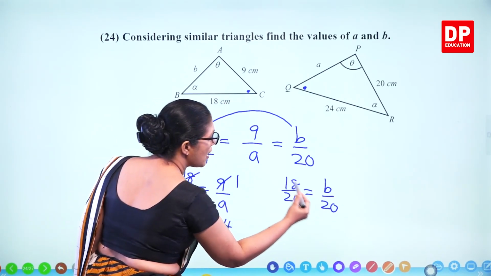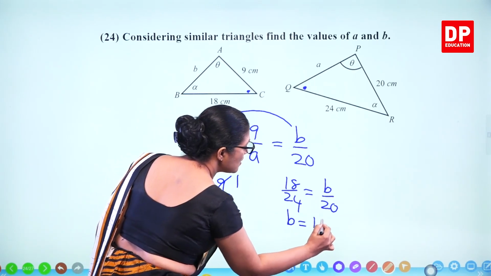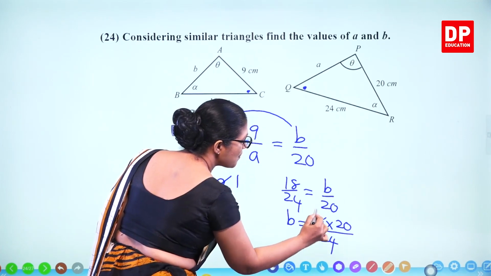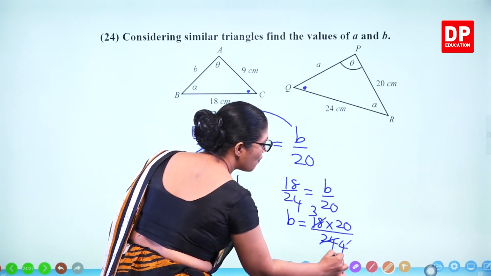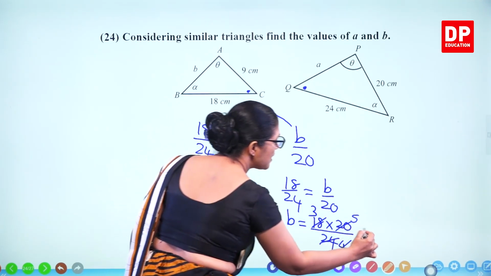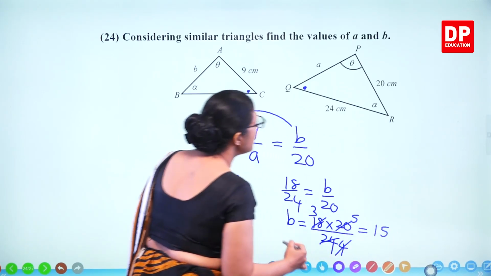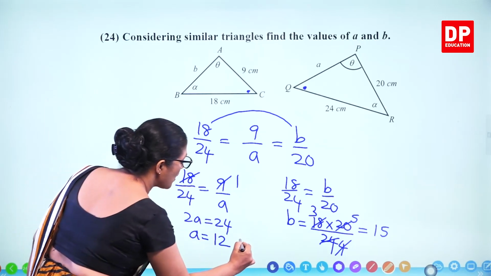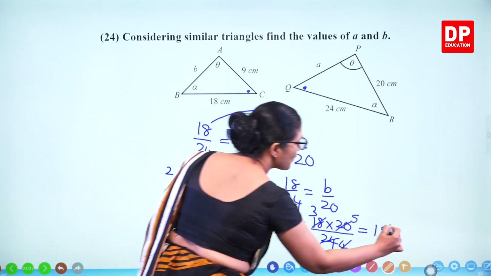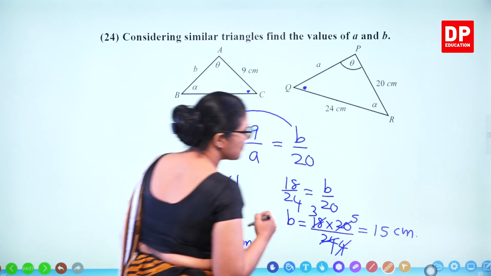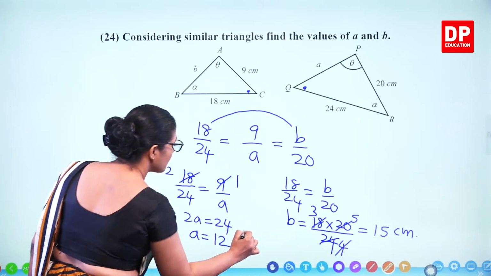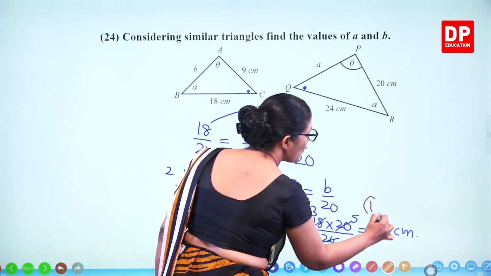Now cross multiply, you get b equals 18 times 20 over 24. 6 times 3, 6 times 4 here, 4 times 5. So 5 times 3, 15 is the answer. So these are lengths: 12 centimeters and 15 centimeters. So 2 marks for that. 1 mark and 1 mark.